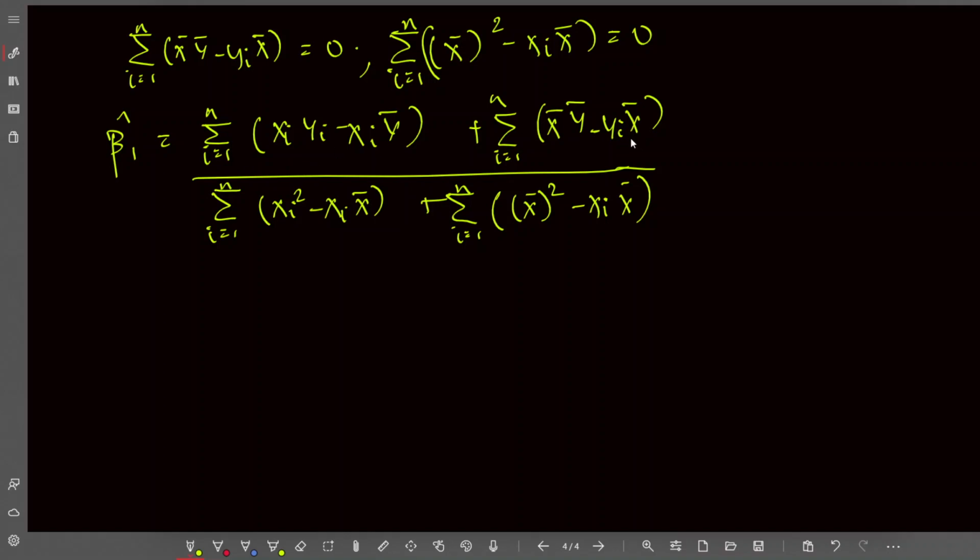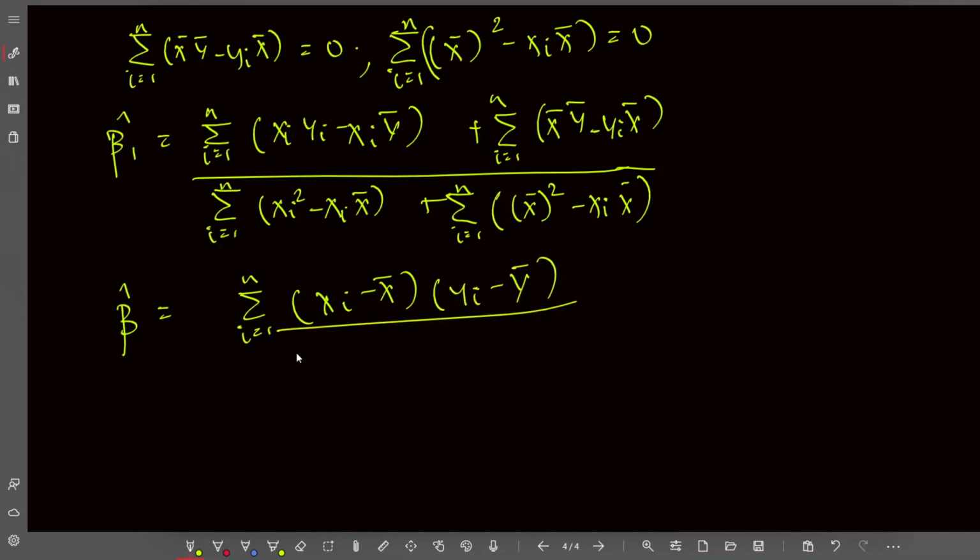Now when you manipulate this a bit, open things up and move things around, it's easy to see that this equation becomes sigma i equals 1 to n of (xi minus x bar)(yi minus y bar), whole upon sigma i equals 1 to n of (xi minus x bar) the whole square.